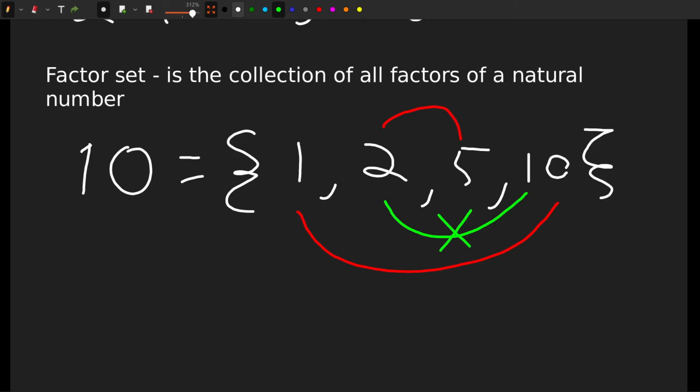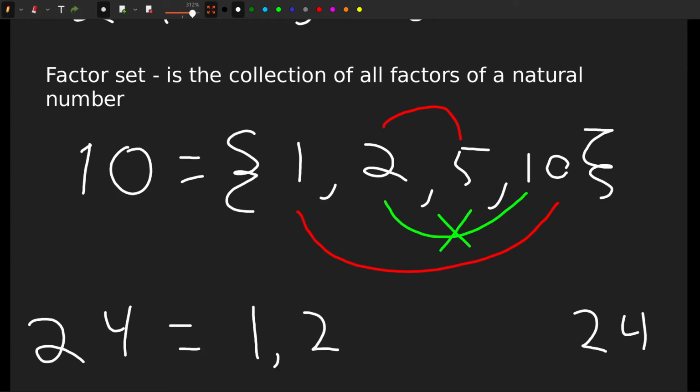Okay. Another one that we can look at, if we go back to 24, we're going to need a little bit of room for this. If we think about the factor set of 24, we know we have 1 and 24. We know we have 2 and 12. There's 3 and 8.